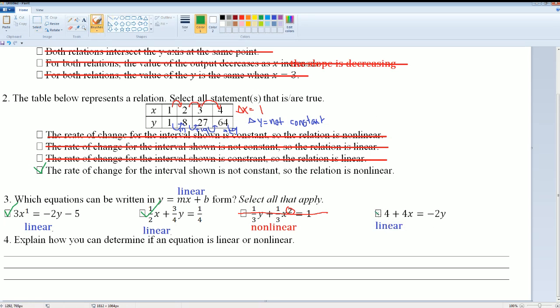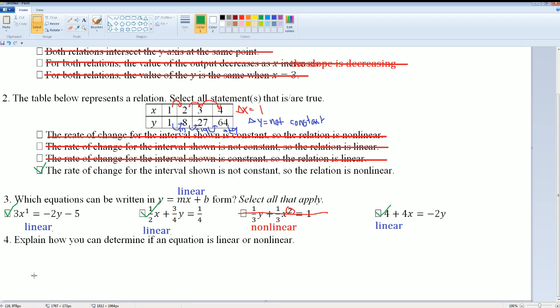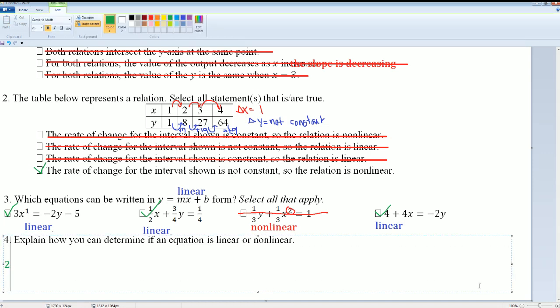Explain how you determine if an equation is linear or not. Again, our two criteria, if you watched Monday's video, are two characteristics. I do not know how to spell that.